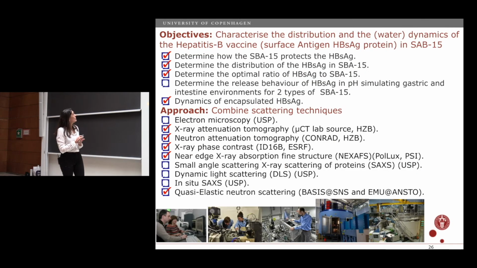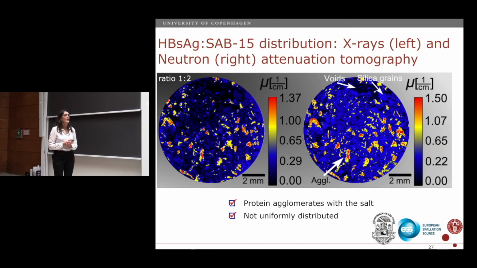So to answer this very simple question that was asked to me by some epidemiologists, we just have to do very many experiments, some of them in the lab, others in large-scale facilities. What was very good about these results is that we did imaging, X-ray tomography and neutron tomography, that's what I'm showing to you here, on the samples that we had.